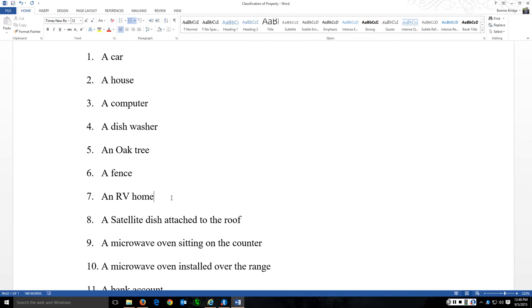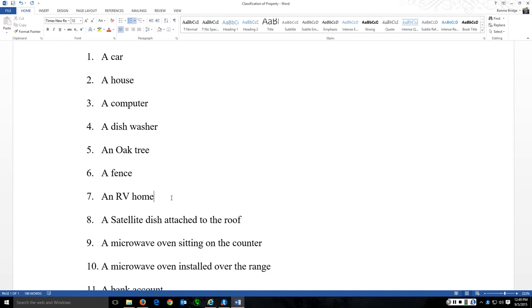I always get the question at this point about mobile homes, because mobile homes are more permanently attached to the land often through things like water systems and septic systems and whatnot. So a mobile home is often treated as real property, but there are cases in which a mobile home is treated as personal property if it's on wheels, if it's not attached to the land.